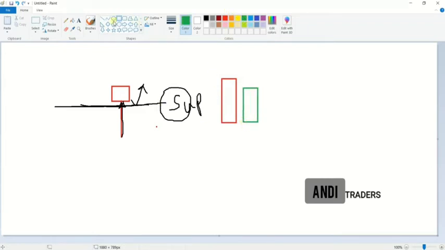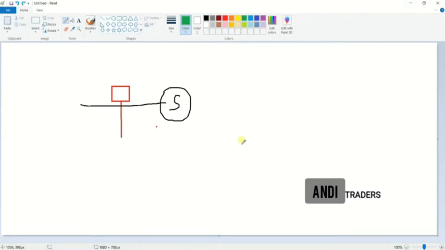So if we have any support level here, you can see we already have a support level here, and we already see the buyers' entry. So again, if the market goes down, hits this support, it will go up. So here we can expect buyers if we have a support level at this area.